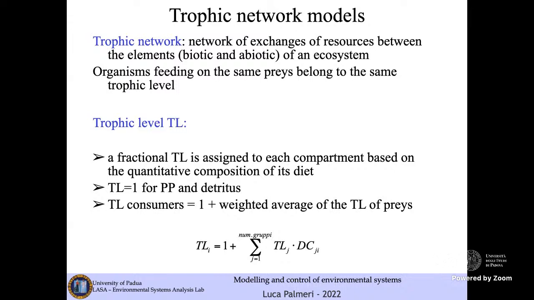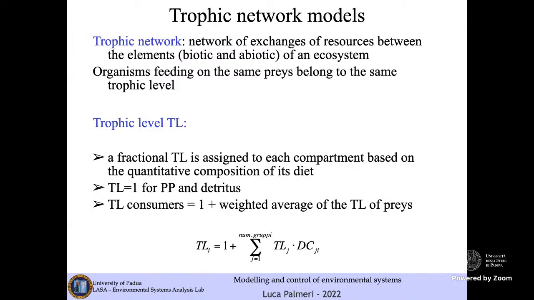So you subdivide all the organisms appearing in your ecosystem into different trophic levels, and the trophic level indicator may also be a fractional number, but it is assigned to each compartment and it is based on the quantitative composition of its diet. In particular, we start by setting by convention a trophic level of 1 for primary production and detritus.